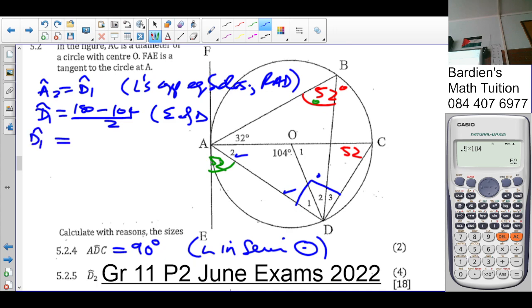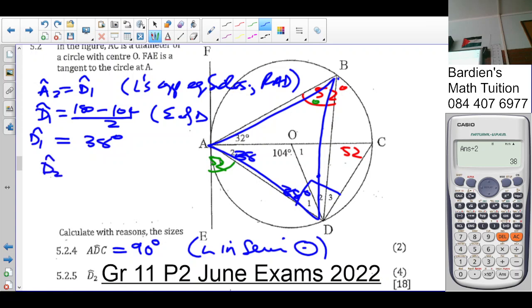So angle D1 is 180 minus 104 divided by 2, which is 38 degrees. That is 38 degrees there. Now I'm going to go with sum of angles of a triangle. As I said, there might be an easier way, but I just can't see it now.